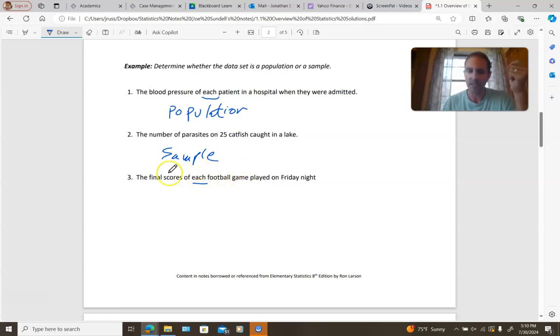So that indicates that this is going to be data from a population, okay? So we're not talking about just 10 of the football games that were played on this Friday night. We're talking about all of the football games, okay? The final scores from all of those games. So that data would be from a population, okay?